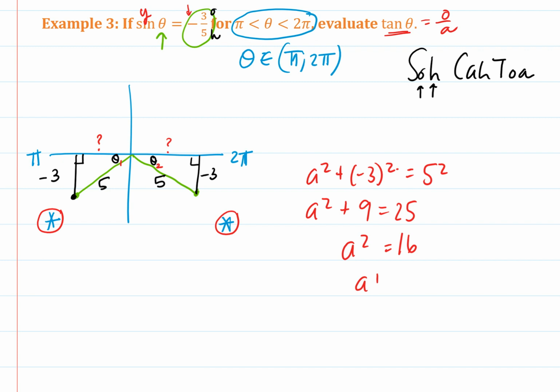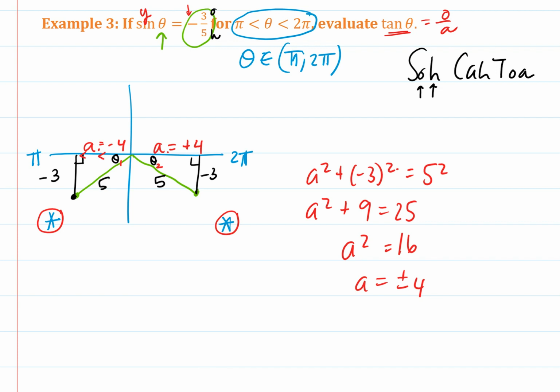A is going to be positive or -4. And this is interesting. This side length here would have to be +4 because you moved to the right to plot this angle, whereas this side length here would be -4 because you moved to the left to plot this angle.